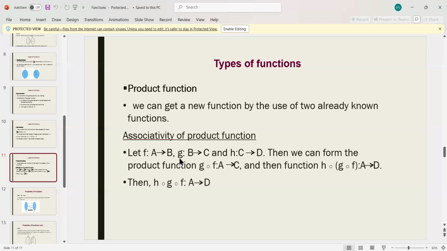If f goes from A to B, that means this is the domain, this is the codomain, and g is B goes to C. Then if we define a new function h as C goes to D, then we can form the product function g naught f, A goes to C, and then the function will be h naught g naught f, A goes to D.